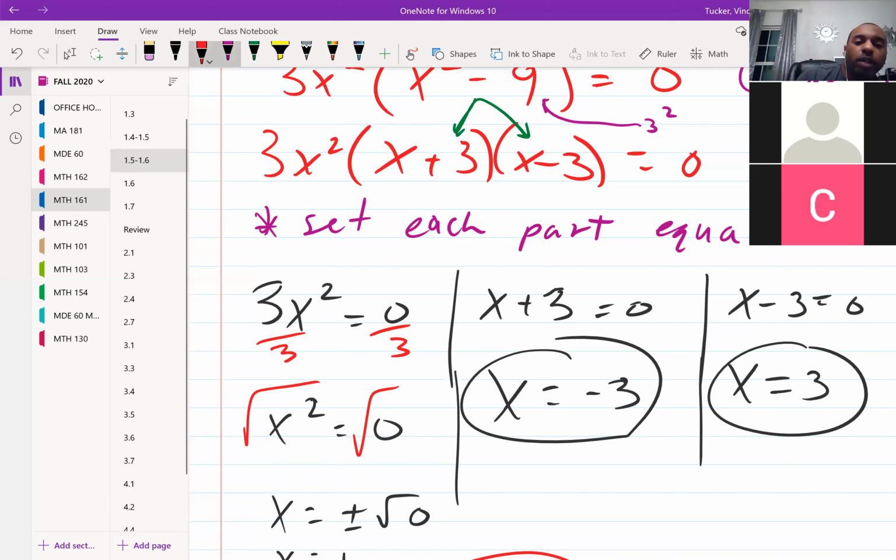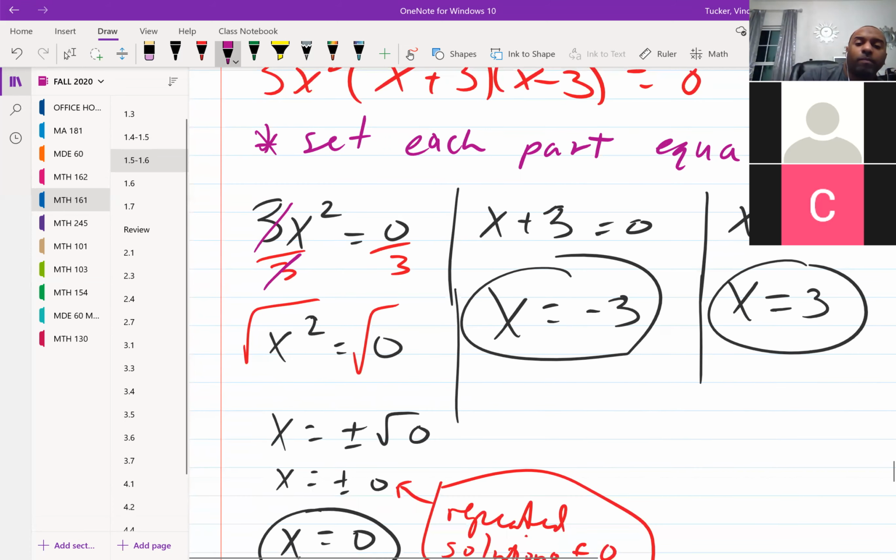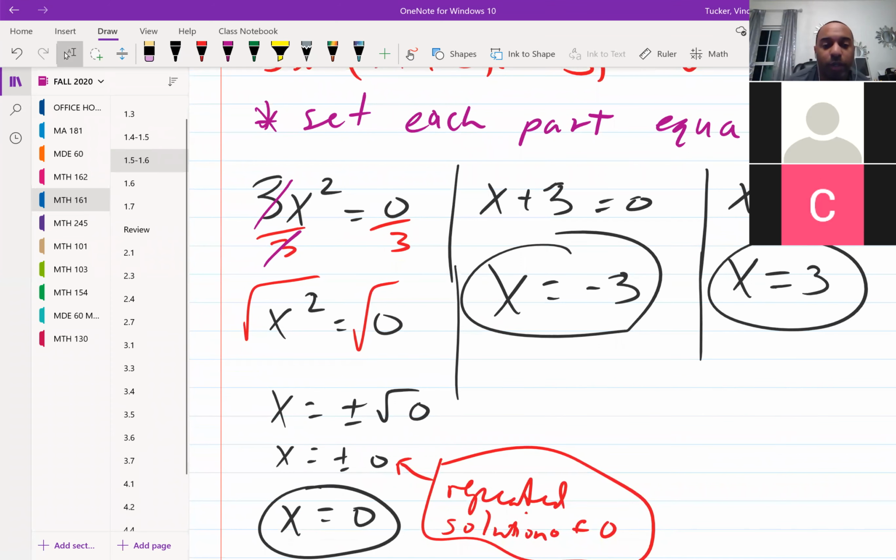That 3 will cancel, leave you x squared equal to 0. Take the square root of both sides, and we'll get plus or minus 0. And of course, you can only have 0. So we actually have a repeated solution here of 0. So that would actually be 2 of our solutions. Remember, I mentioned that you should get 4. So right here, we have a repeated solution of 0.